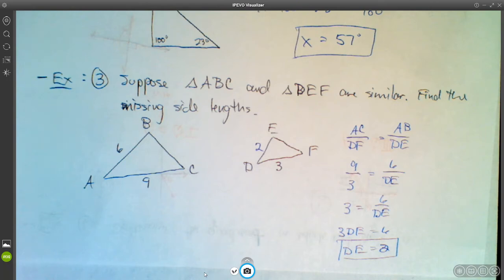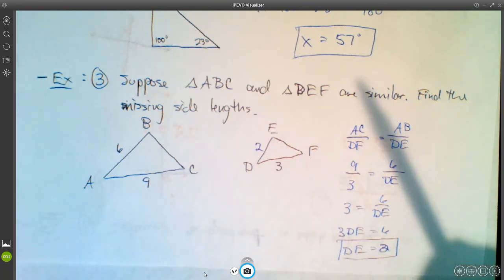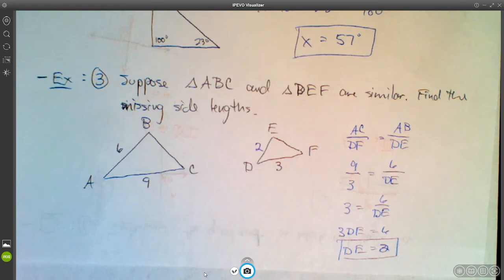Yeah, I think that's all we can figure out on this one without knowing the length of one of the other sides. I don't think we can find the length of the third one. There's no way. So I have just given us a bad problem, I guess.